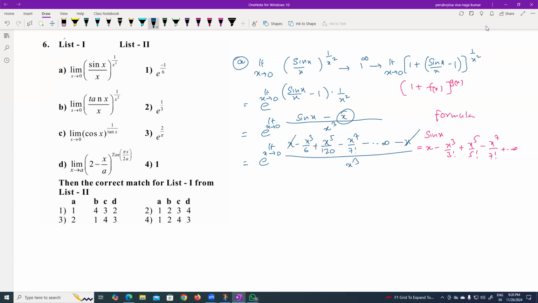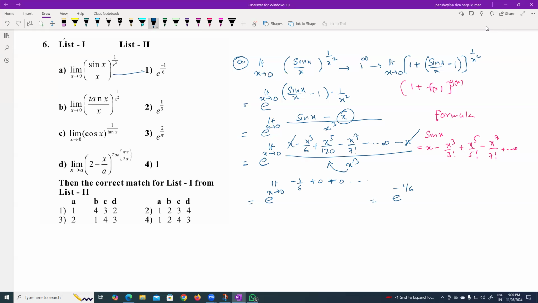Minus x plus x got cancelled, and x cube divides each and every number in the numerator, substituting x value 0 continuously. So x cube cancels for the first number, giving 1 by 6, and the remaining numbers are zeros. Therefore finally we got e power minus 1 by 6.